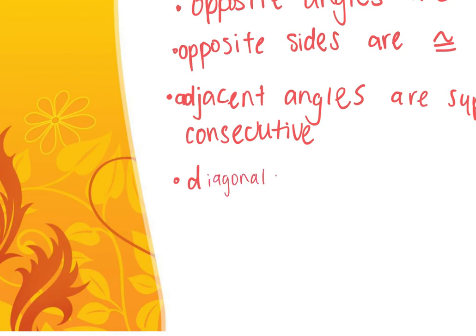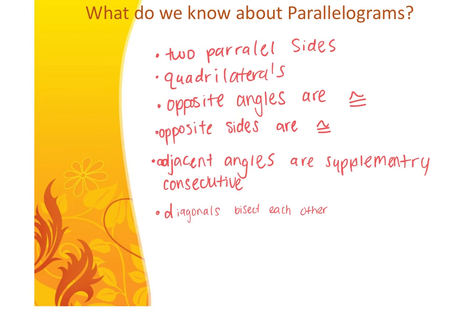They do what to each other? Bisect each other. What else do we know about parallelograms? I feel like that should be it. 1, 2, 3, 4, 5, 6. Yeah, that's it.